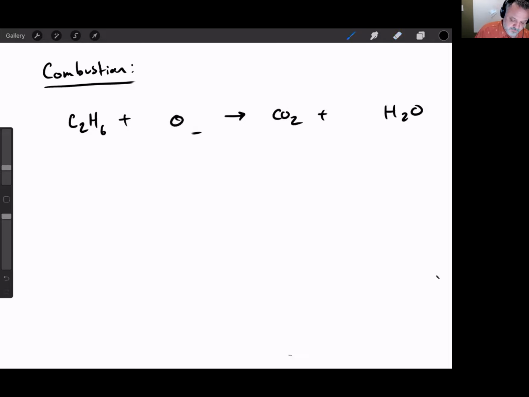Okay. So let's start off with the non-hydrogen, non-oxygen atoms. That's carbon. I've got 2 on the left, 1 on the right. You should be getting to the point where you're counting pretty quickly. I've now balanced carbon by making 2 carbon dioxides, and so let's take a look at the hydrogen.